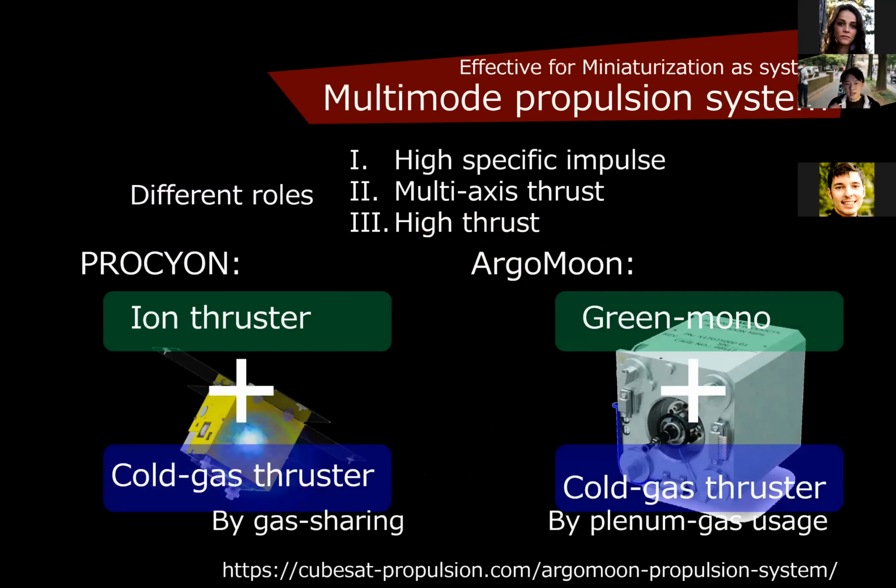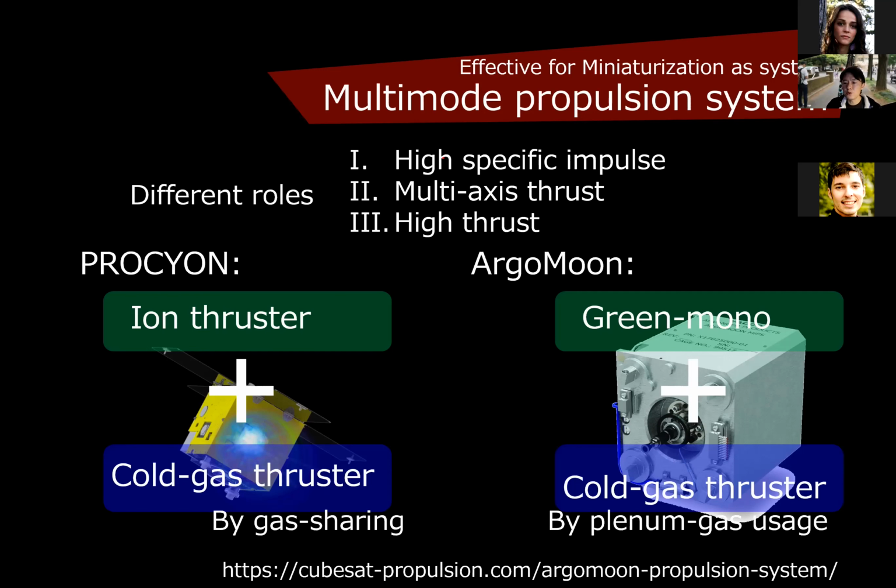I think this kind of unified propulsion system, or in other words, multi-mode propulsion system, is very useful for small satellites or micropropulsion, because when you use a propulsion system, its role is not only one. Usually there are some roles, and depending on those roles, your propulsion choice would be different.